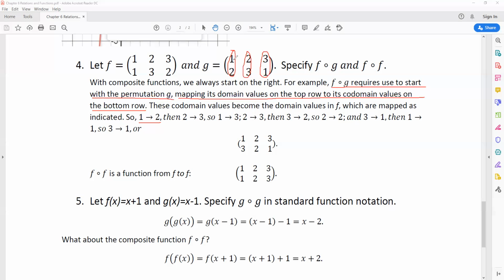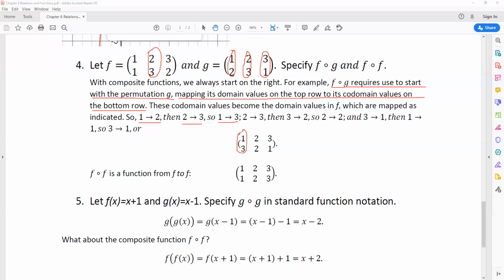And once g takes 1 to 2, notice that f takes 2 to 3. So if 1 maps to 2 under g, and then 2 maps to 3 under f, then the overall composite function takes 1 to 3. And that's represented here in this column.